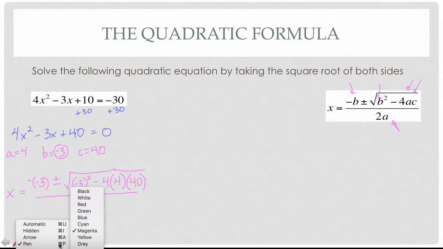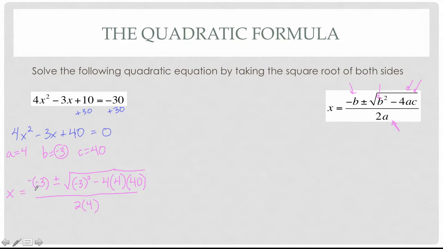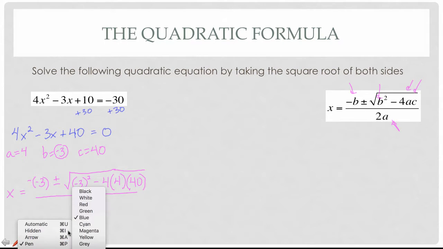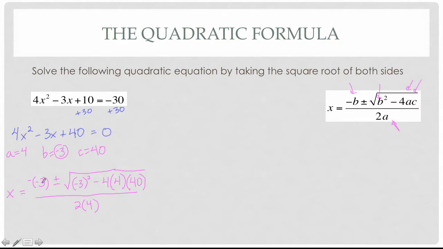And now we get to simplify it down. The -(-3) becomes +3, plus or minus. I'm going to divide on the bottom by 8, 2 times 4 is 8.